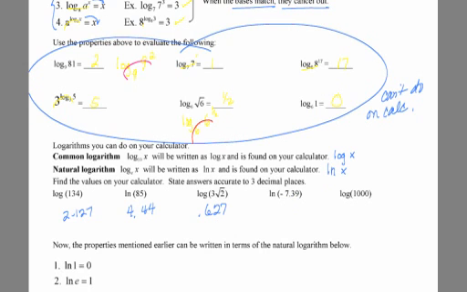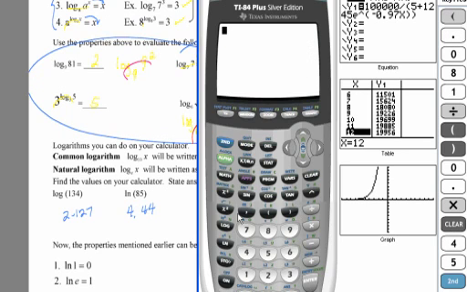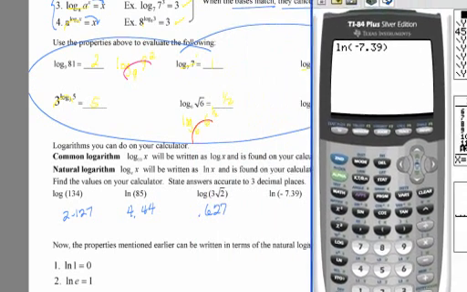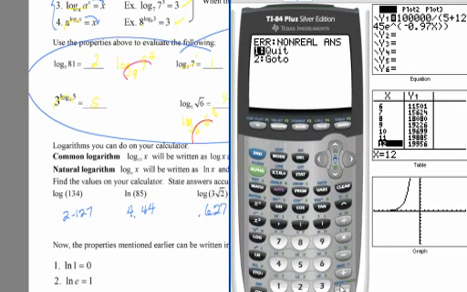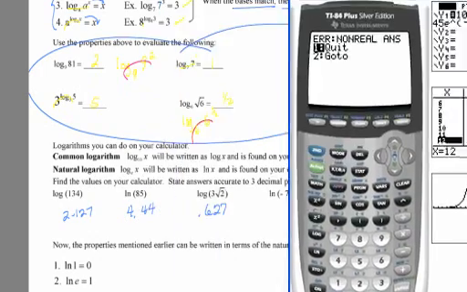Let's do the next one. ln negative 7.39. Is that right? Yeah. Doesn't matter because you should get an error. See if you get an error on ln of negative 7.39.